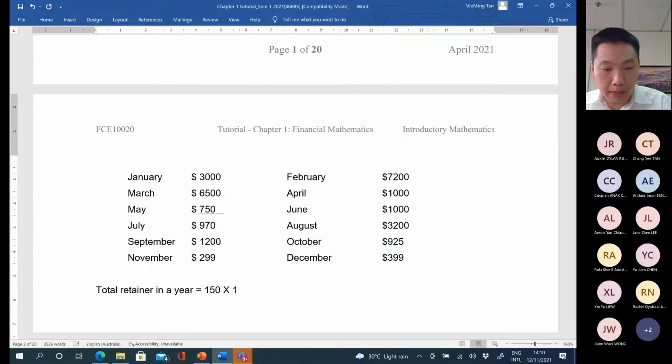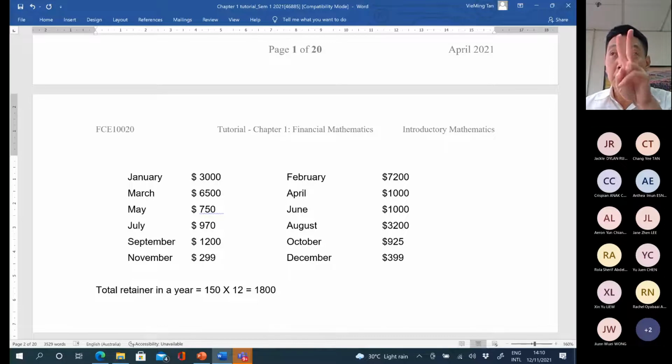Okay, 12 months. So how much is 150 multiplied by 12? Can somebody give me the answer? 1,800. 1,800. Because this is not the final answer, I don't put the unit. It's okay, because now it's only the working.